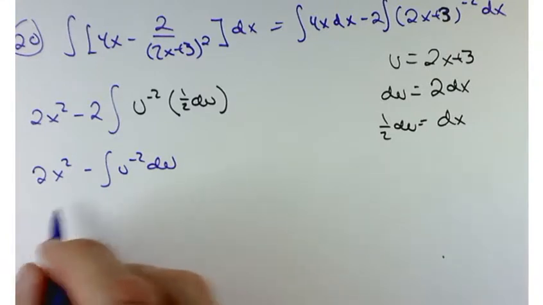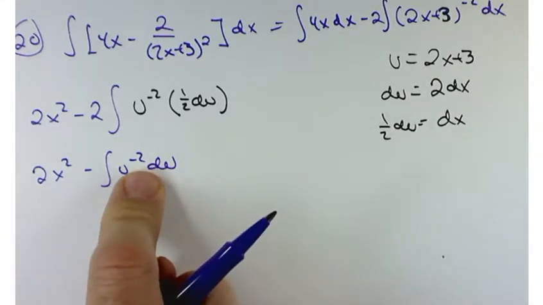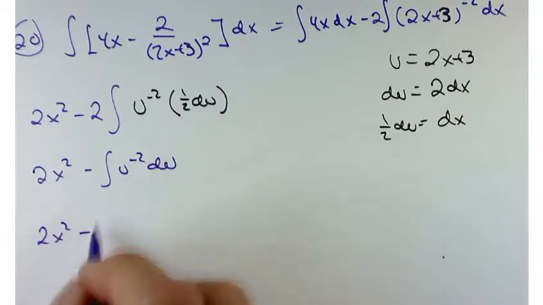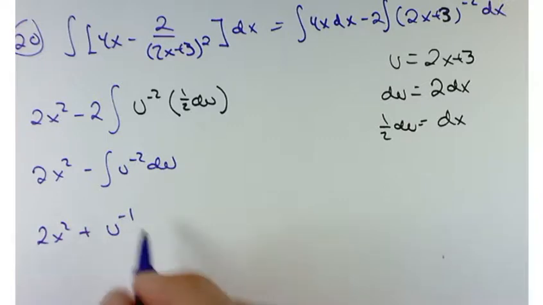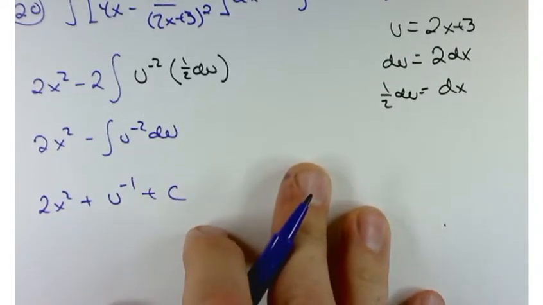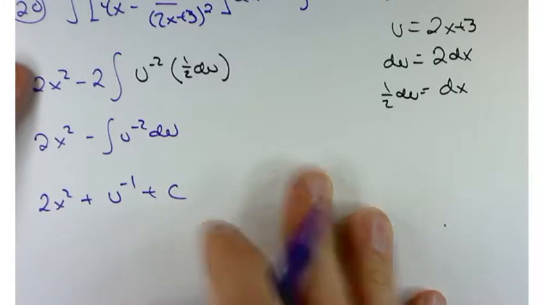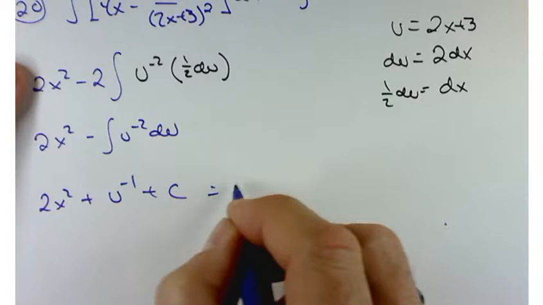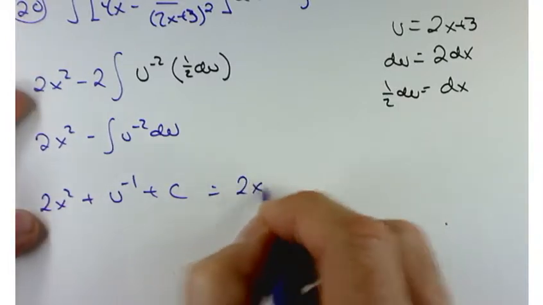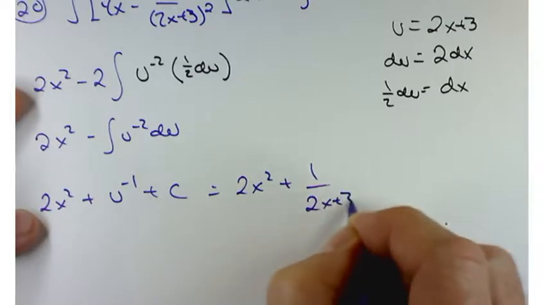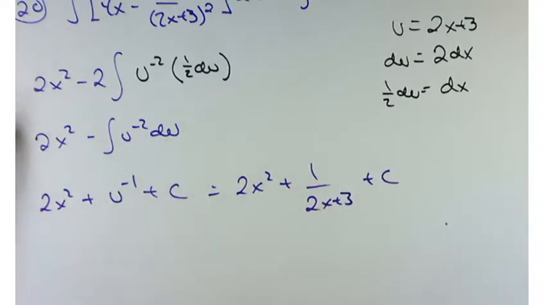I don't want anyone leaving me with units of u here, for instance. 2x squared plus u to the negative first power plus your constant. Yeah, that's right. Last but not least, that's 2x squared plus 1 over 2x plus 3 plus your constant.